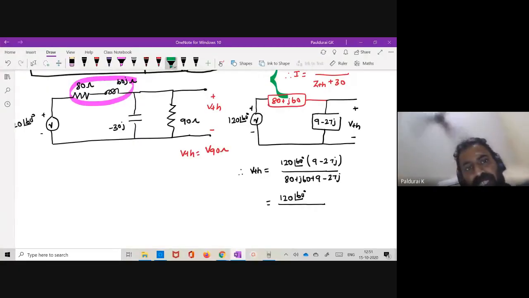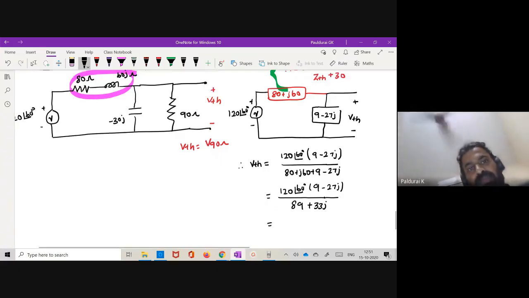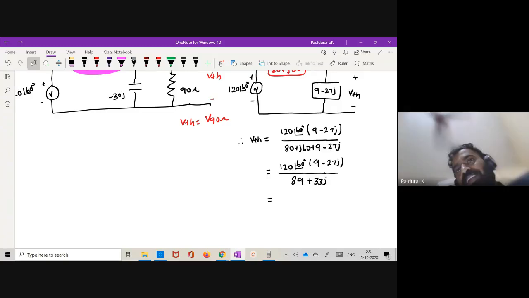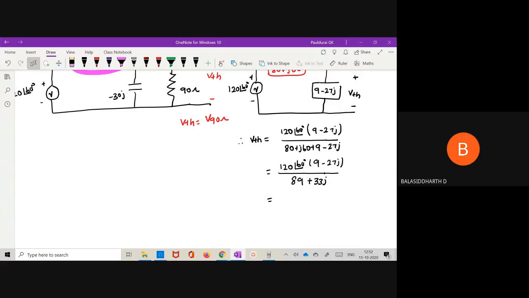So now what is my VTH? 120 at an angle of 60, so it is 90 minus 27J divided by 89 plus 33J. What is this value? 36 at an angle of minus 31.9 degrees.